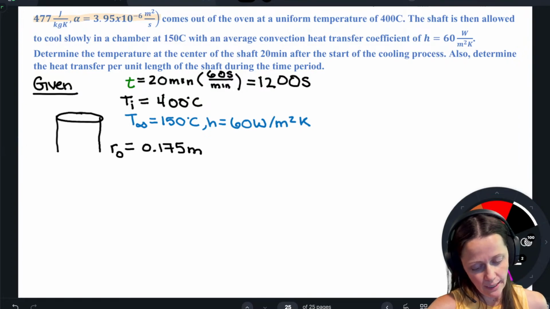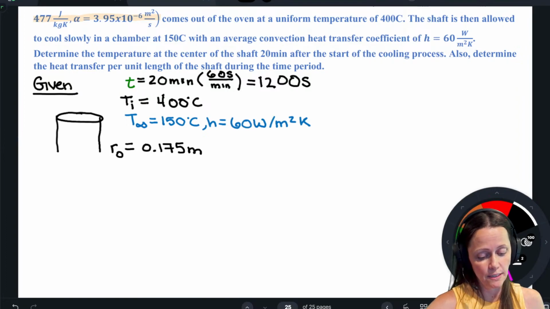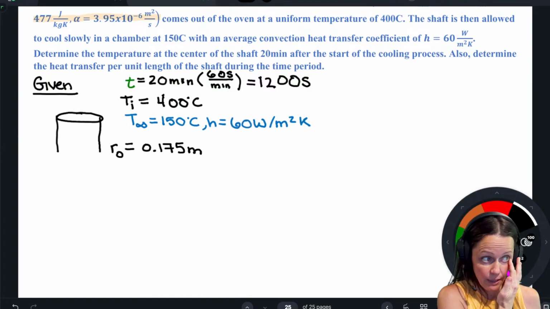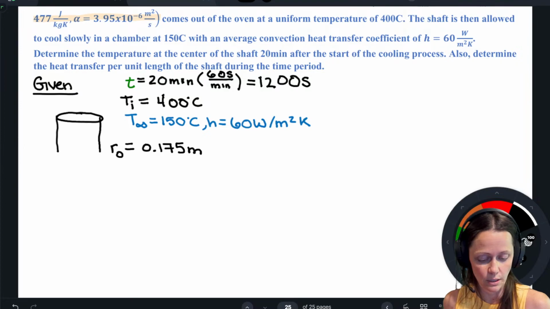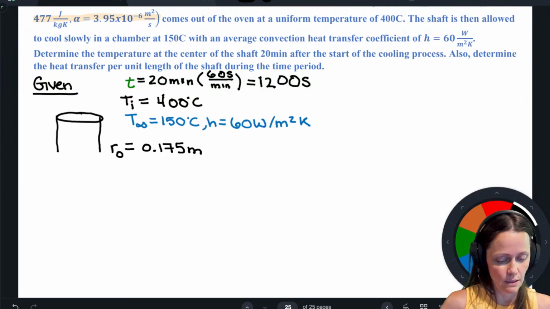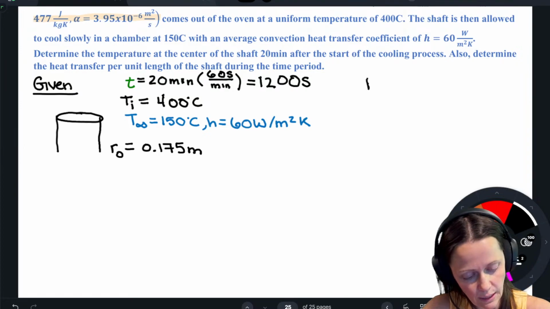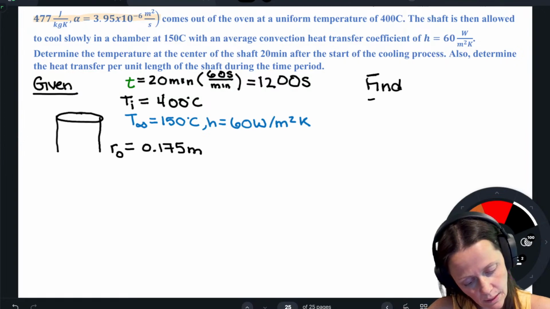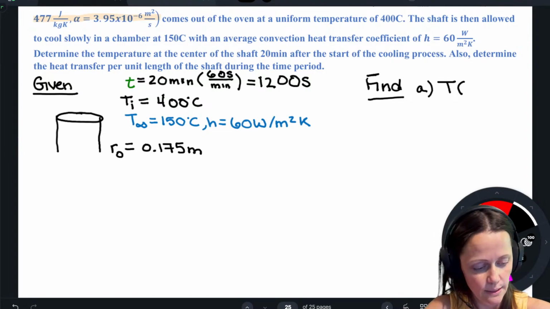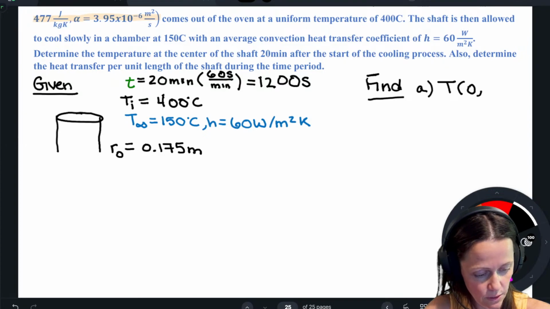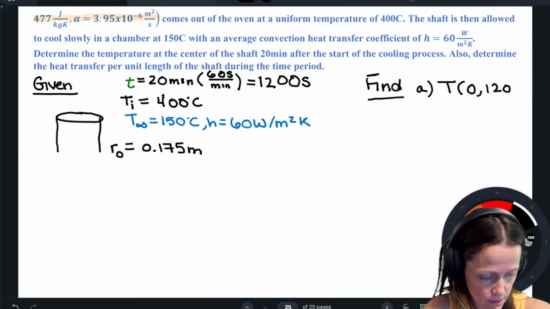Then we want to find the temperature at the center at that point, and we also want to find the heat transfer per unit length. So for part A, we are looking for the temperature at r equals 0 and 1200 seconds.